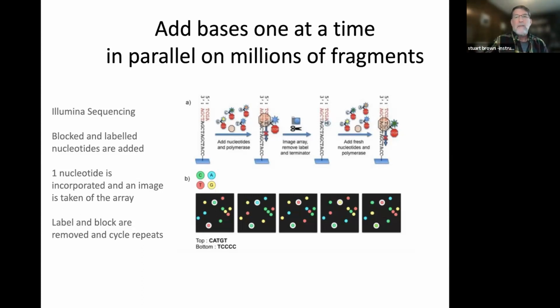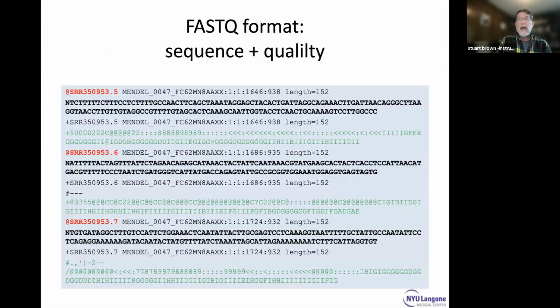And so as the number of sequencing cycles increases, the quality of the reads, the accuracy, goes down. And so we have to do some sort of quality control on the resulting sequences.